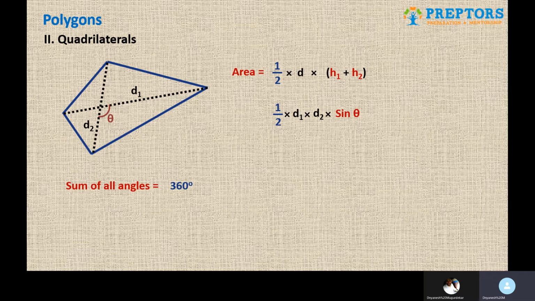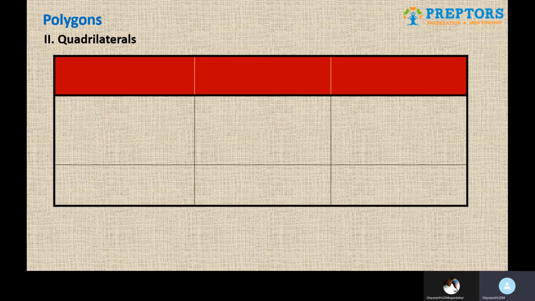Now the beauty is, again, it doesn't matter which theta you choose, which of the 4 angles you choose, because if this is theta, obviously the one beside that is 180 minus theta because of the straight line, and you know sine of 180 minus theta is still sine theta only. So whichever one of the four angles you choose, it is irrelevant, based on the trigonometry that we have learned in the previous class. So this is the way you can find the area of the quadrilateral.